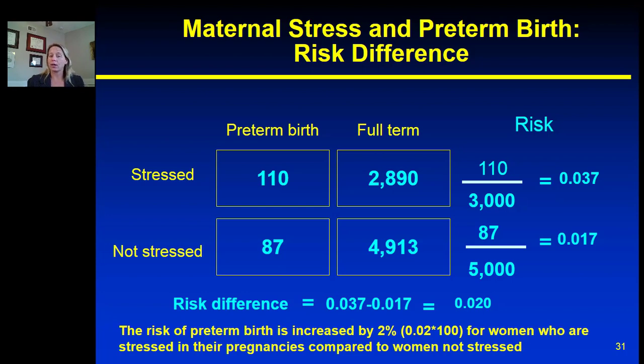So when looking at relative risk, we concluded that there's a twofold increase in the risk. When looking at risk difference, we conclude that there's a 2% increase in risk. Now, those two can be interpreted slightly differently, obviously. And that's why it's important to understand what you're looking at, if you're looking at a relative measure or an absolute measure.